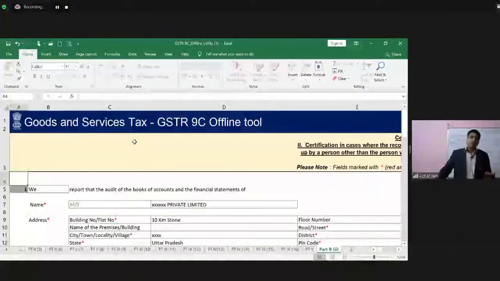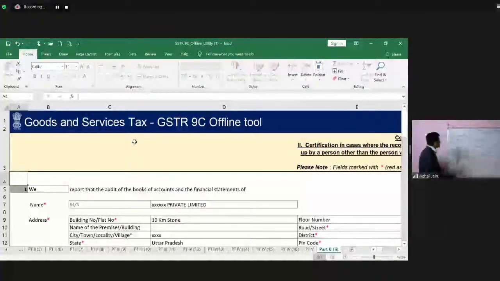It's just that the format is slightly different, the way it appears in terms of this form. But as regards the coverage of various items, you will find most of those things to be in line with what we have seen in any other audit report. And let's try to understand all of these points one by one, because this is the most important point. As we know, the audit report is the most important thing.